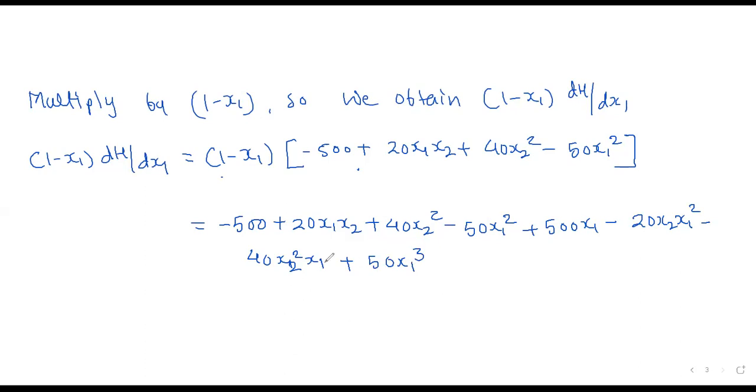Okay, so we get 1 minus x1 dh divided by dx1. Now we have h1 bar is equal to h plus 1 minus x1 dh divided by dx1. So let's put h and let's put this value.